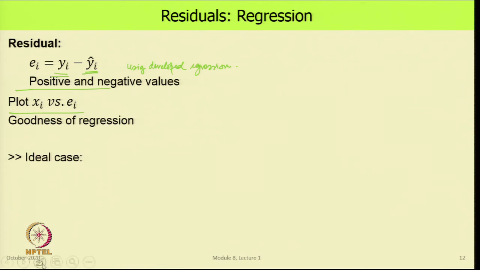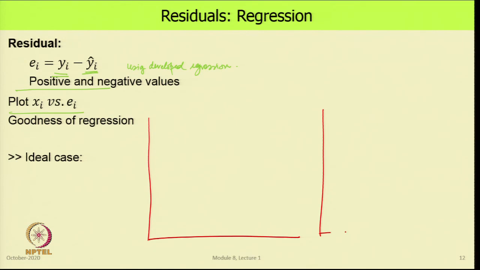So, in the ideal case, this would happen. We will make two plots. This is x and this is y, and we would get some points.